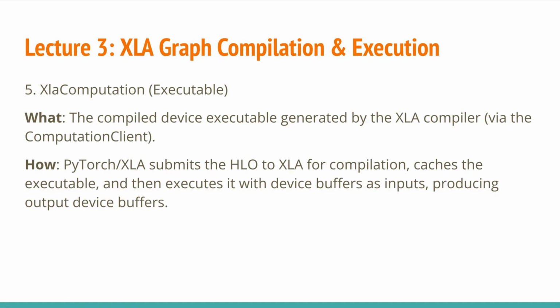Finally, we have XLA computation. It's an executable. It represents a compiled device executable that's generated by the XLA compiler. As I just mentioned, PyTorch XLA submits the HLO to XLA for compilation. It caches the executables and then executes them with the device buffer as the input, produces the output, and sends the output to the device buffer.